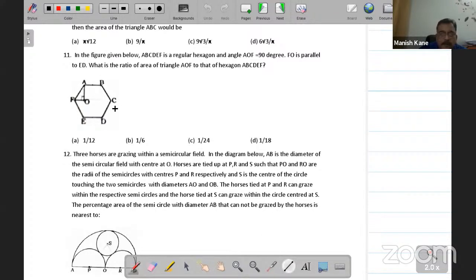this is a regular hexagon, and a regular hexagon can be divided into 6 equal triangles, 6 equilateral triangles, something like this.